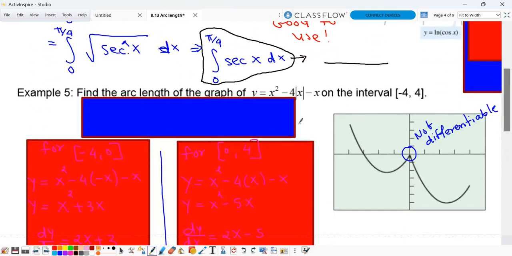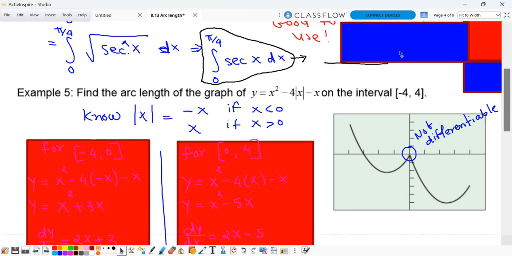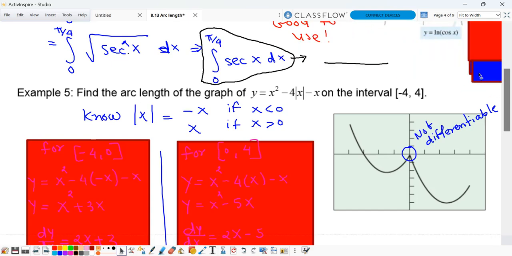So let's talk about what happens if the graph is not a smooth curve, for example, here. Then what do we do? We have to split it into two pieces, because the function is not differentiable at x equal to 0.